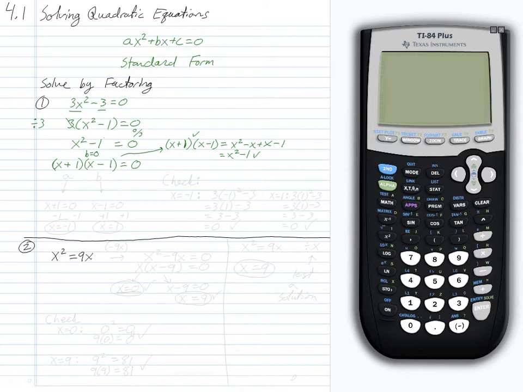So here I have 2 factors, a and b, which multiply to 0. If a product of 2 numbers multiplies to 0, then one of those numbers must itself be 0. So either x plus 1 equals 0 or x minus 1 equals 0.